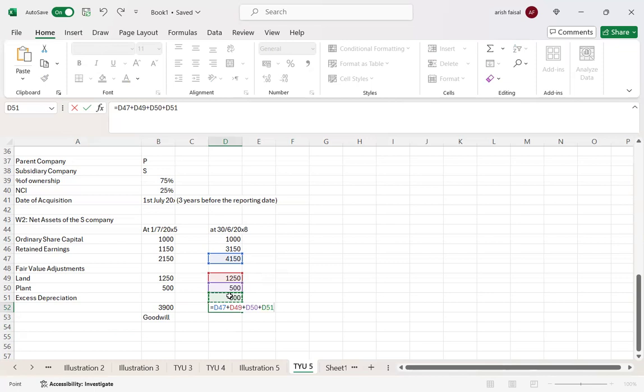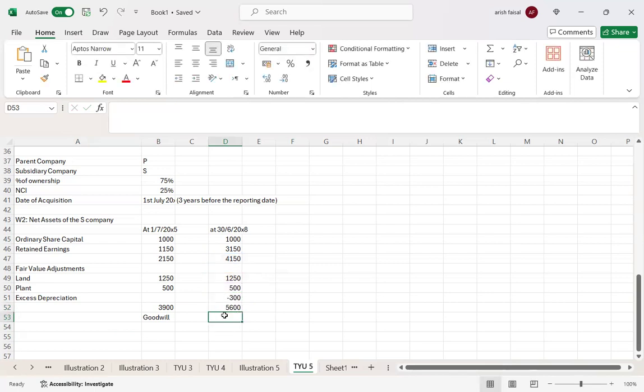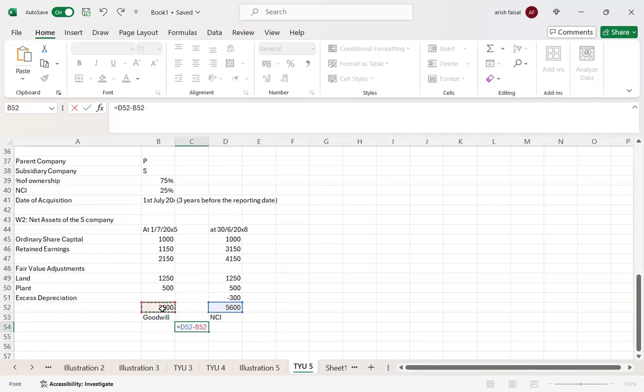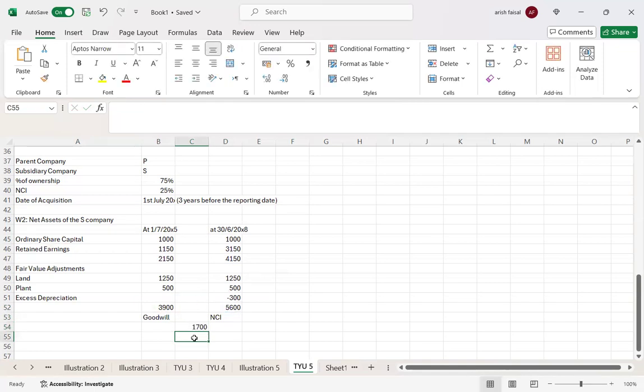So this will give me a total of 5600, and that value I'm going to be using for the calculation of my goodwill. The difference is basically 5600 minus 3900, and that I'm supposed to be using for the value of my group retained earnings.